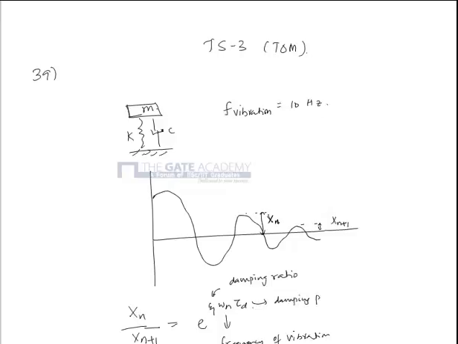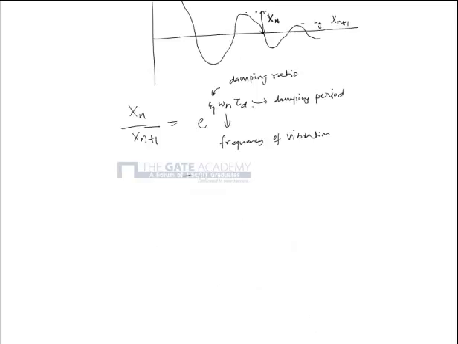The damping period is again expressed in terms of zeta as 2 pi by omega d, and omega d, the damping frequency, is again represented in terms of omega n in this way.